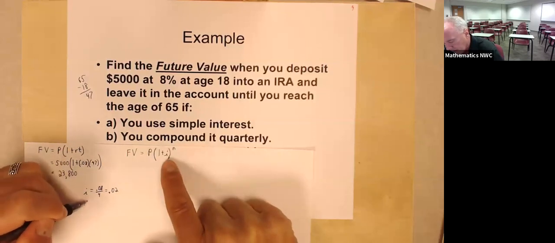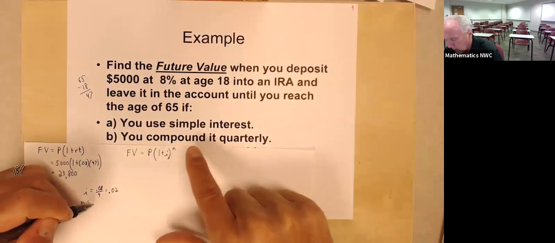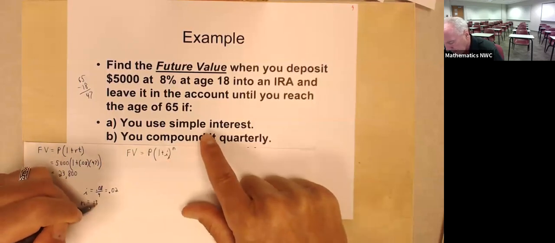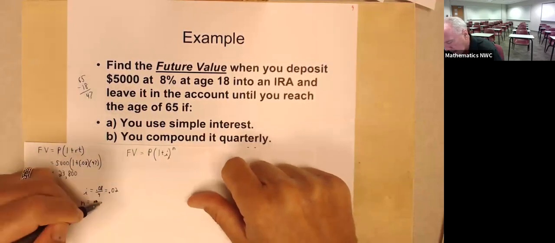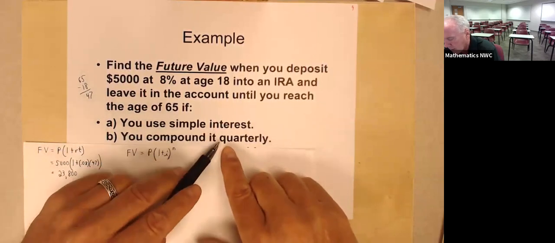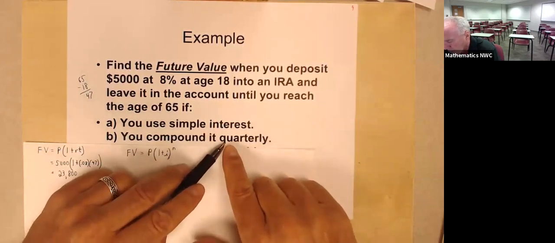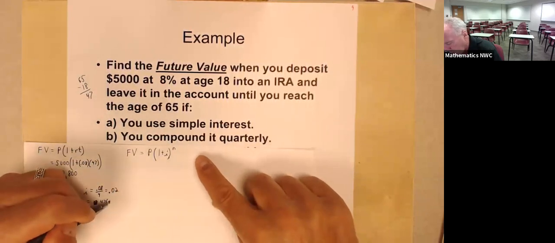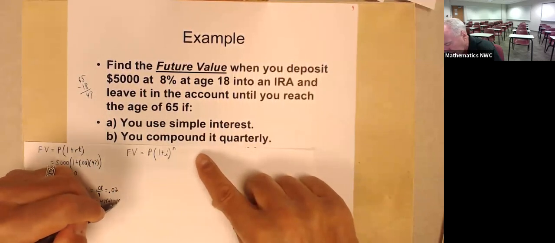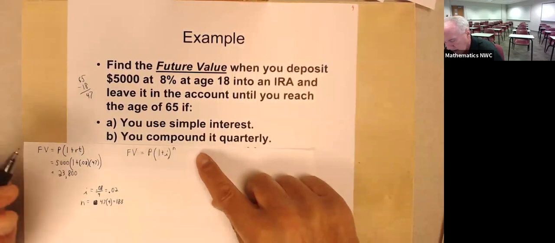Our N is going to be the number of years, 47 years, times how many times it's compounded per year. Quarterly means 4 times a year, so 47 times 4 is going to be 188.